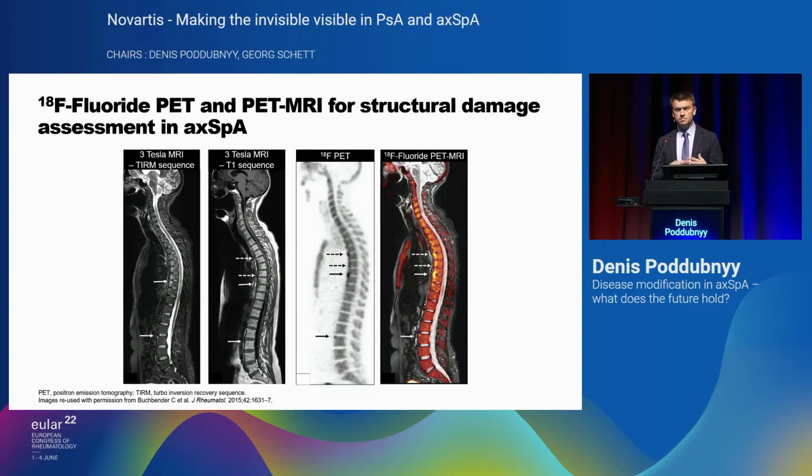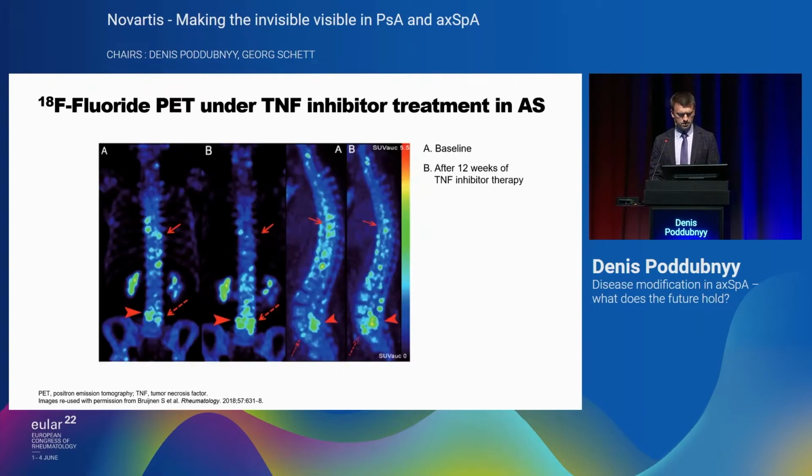PET CT has been mentioned already. This is another potential possibility to depict both active inflammation and structural damage, and our hope is that with a depiction of tissue response, of mesenchymal response, we would be able to capture also the stage between inflammation and new bone formation, something which is not really possible nowadays.